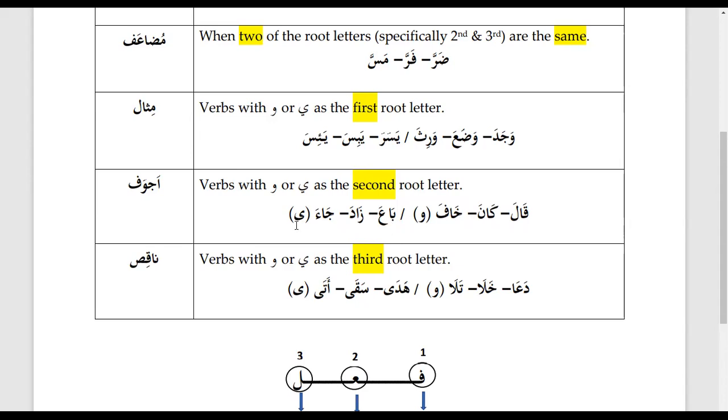But when we have ajwaf yai, then it will be ba'a, ba'a, ba'u, ba'at, ba'ata, bi'na. So here it will take kasra. So wawi takes dhamma and yai takes kasra. That's the only change that will take place in the past verb conjugation of ajwaf. Whereas in naqis, many changes take place.